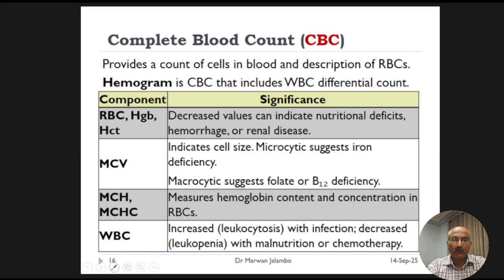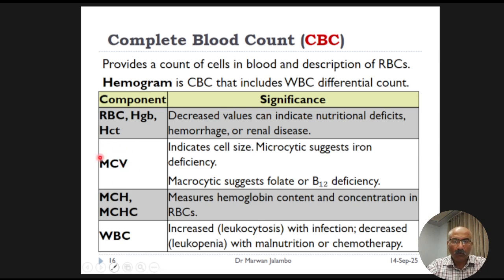A key component of nutritional assessment is the red blood cell indices. The red blood cell count, hemoglobin and hematocrit can all be decreased in nutritional anemias. The MCV, mean cell volume or mean corpuscular volume, is particularly important because it tells us the average size of red blood cells.